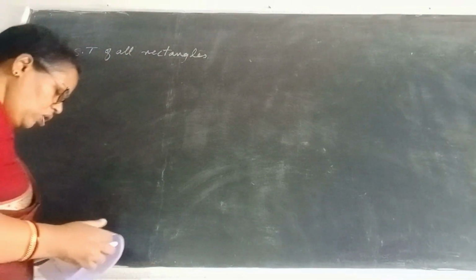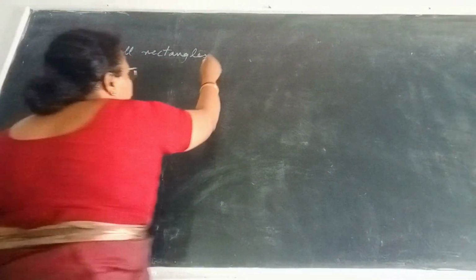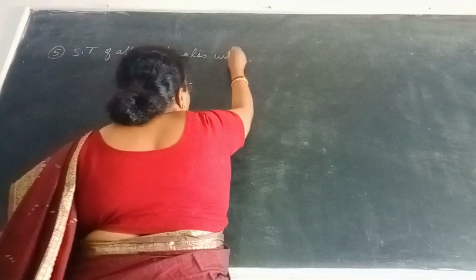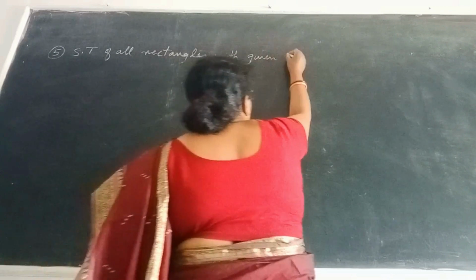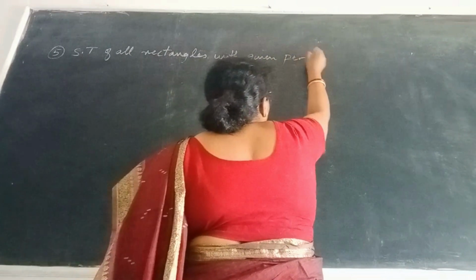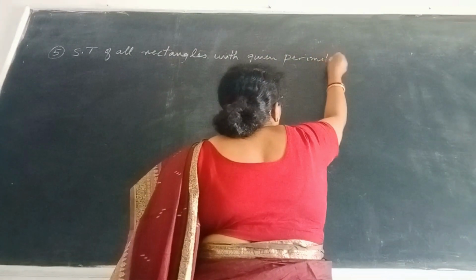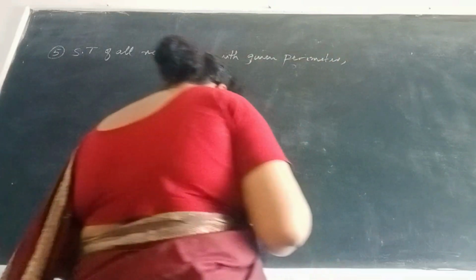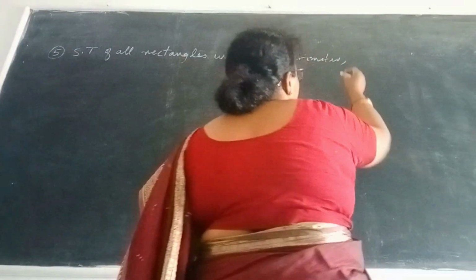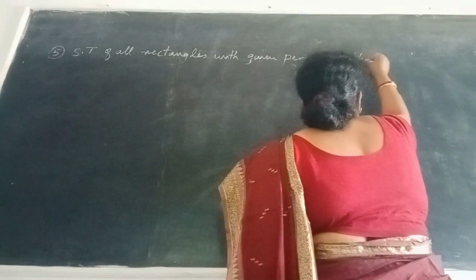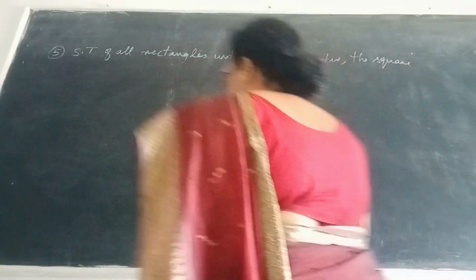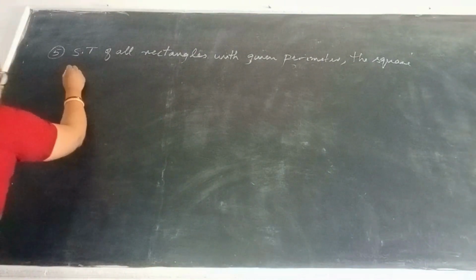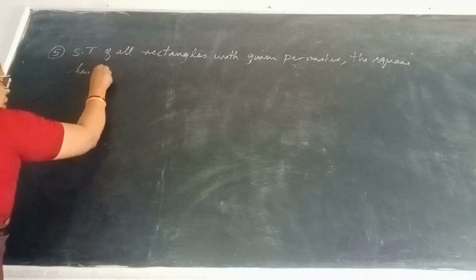Next question. Show that of all rectangles with a given perimeter, the square has maximum area.